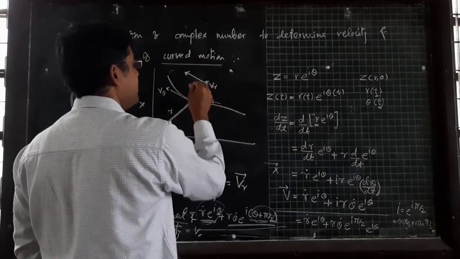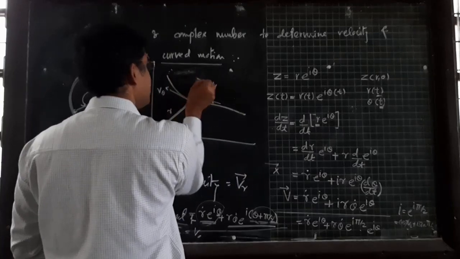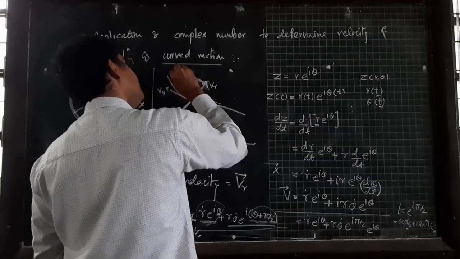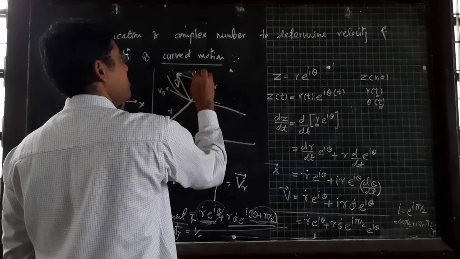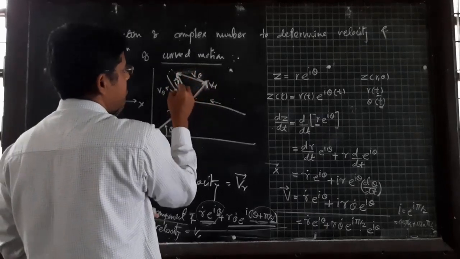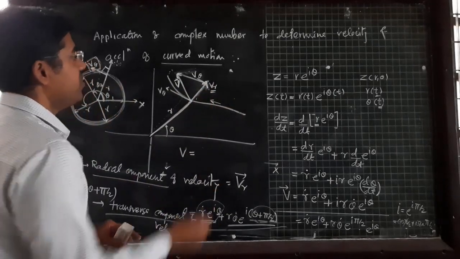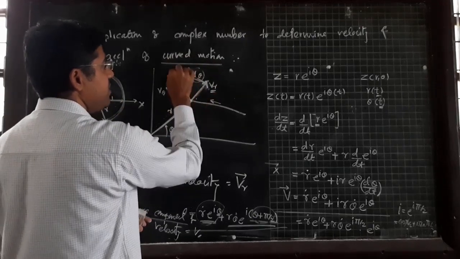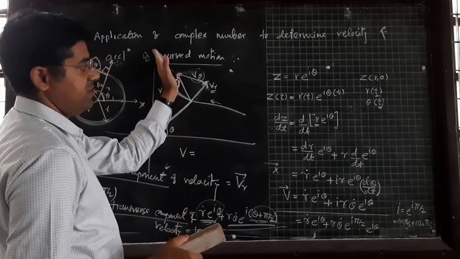Okay, so where will the resultant be? Just like, suppose this is the Vr component, this is your V theta component. The direction will be the same. So this is your radial component, this is your transverse component. The resultant component will be here, increasing in the direction here.